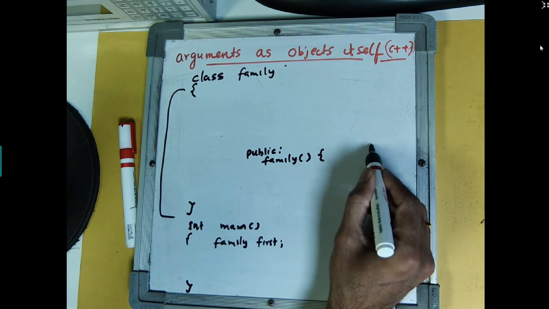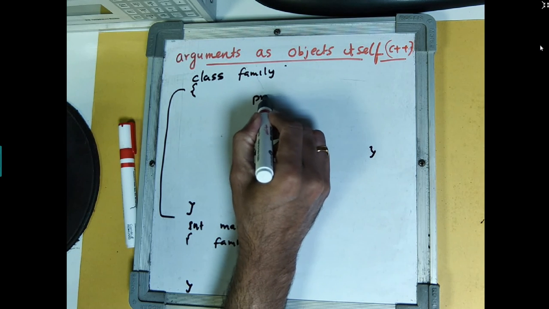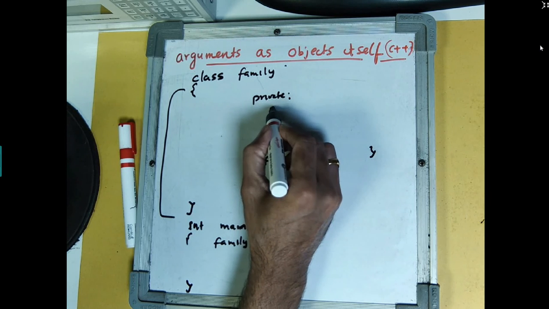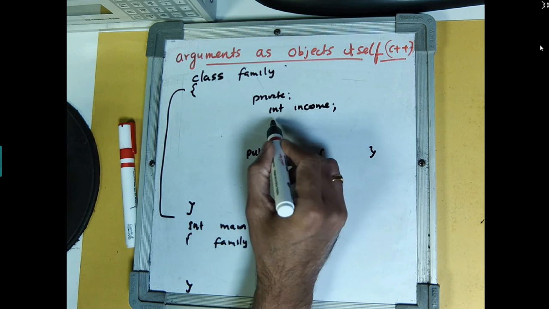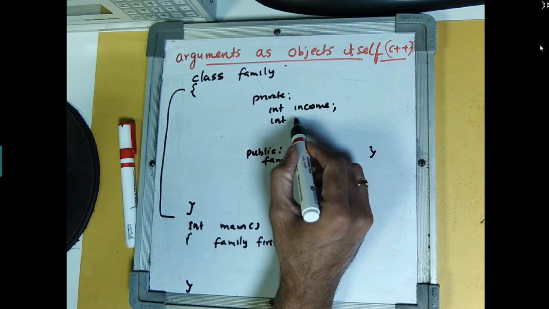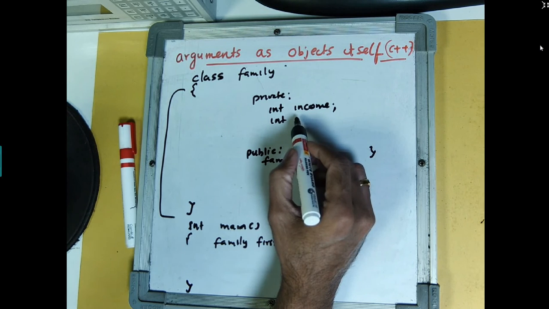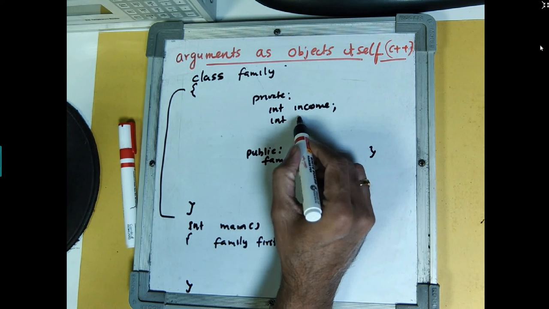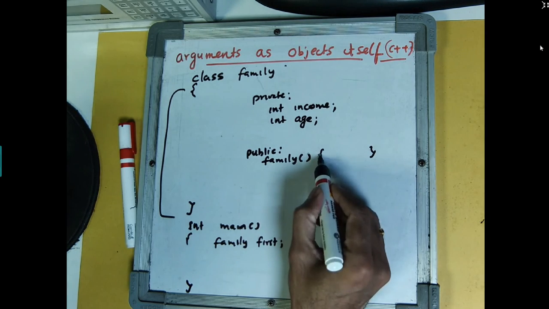In it, let's say you have some private variables of a family: an integer income of the family, and let us say the eldest person's age of the family, age, something like that.